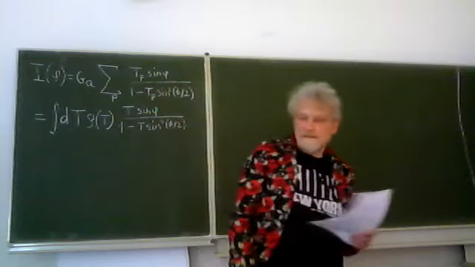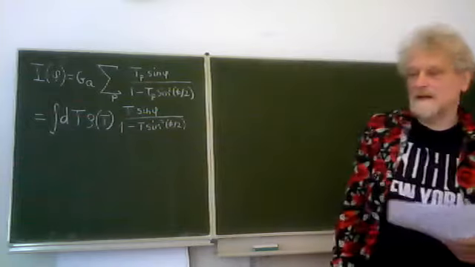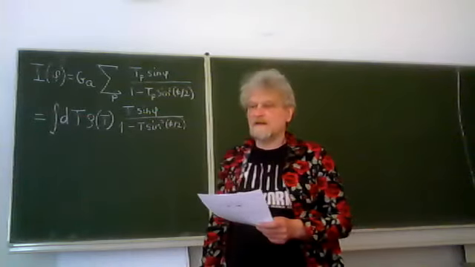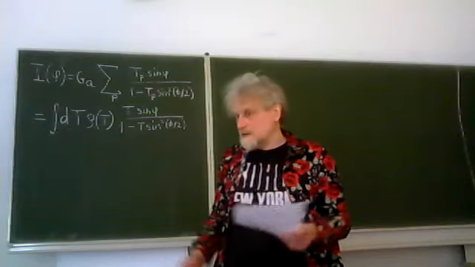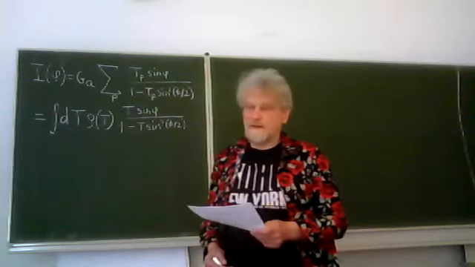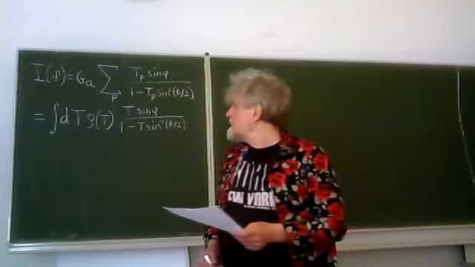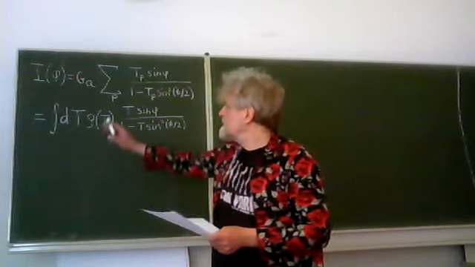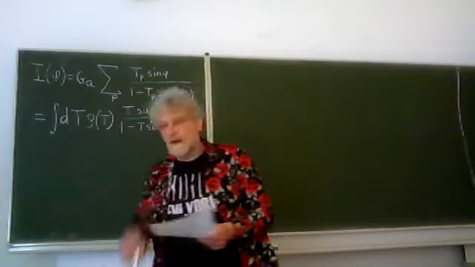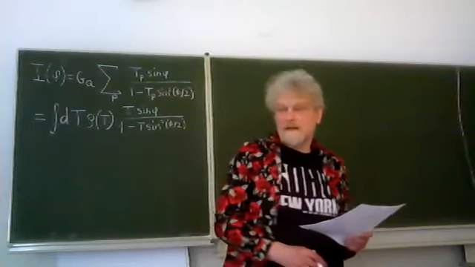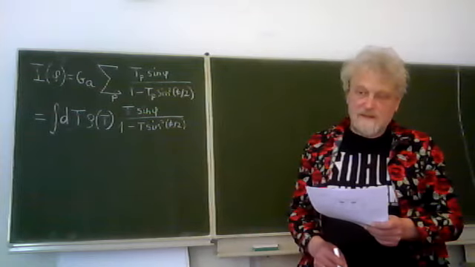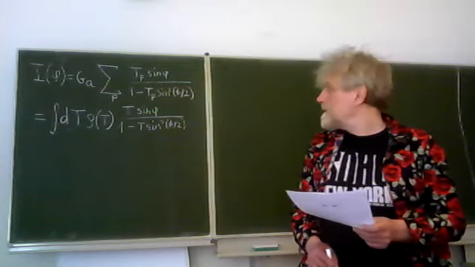And the question, and it is a purely mathematical question, which I would like to discuss now, is how to revert this formula. So we know I of phi in terms of rho of t. We would like to get rho of t in terms of I of phi.